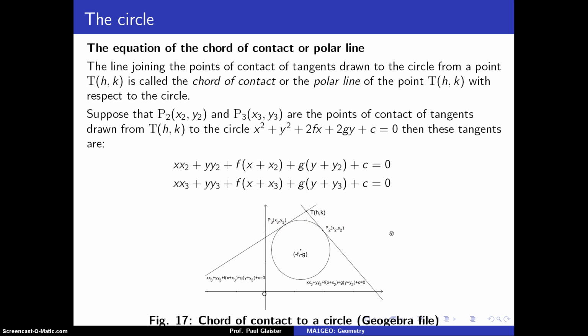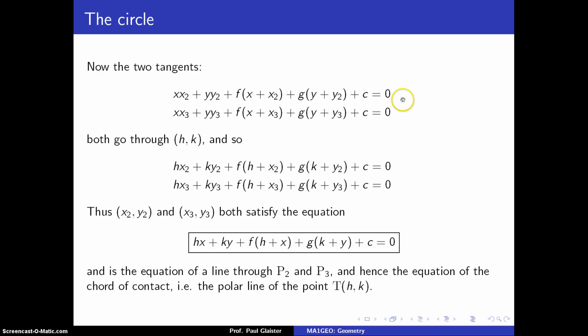Now what I'm after is the equation of the straight line that passes through P2, P3. So let's take those same two equations. These two equations represent the straight lines which are the tangents that happen to go through T, the two tangents to the circle from that point T at those two pairs of coordinates, (x2, y2) and (x3, y3).